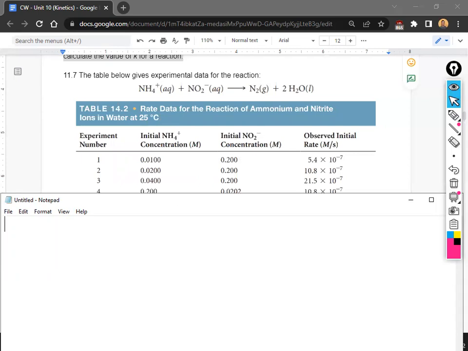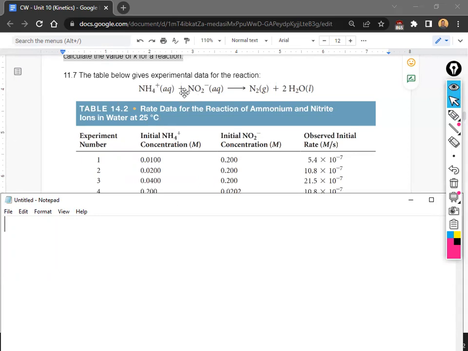So write the rate law for this reaction. Oh, wait, no, it's the rate constant. I'll talk about how to find m and n in just a second, so just keep those as m and n.